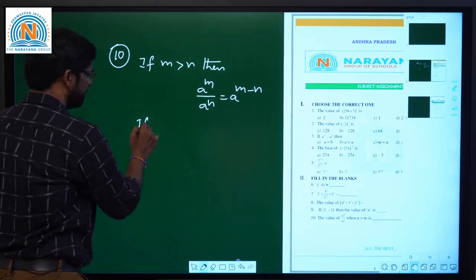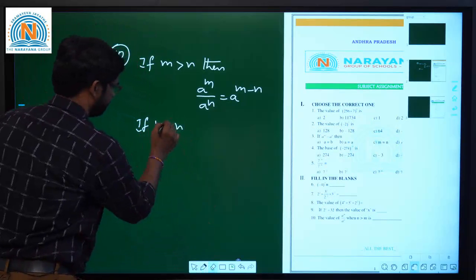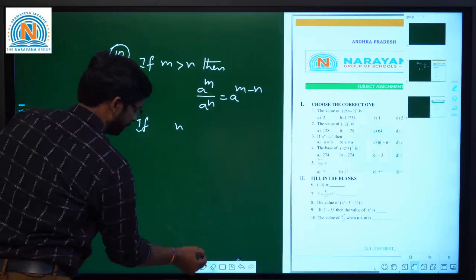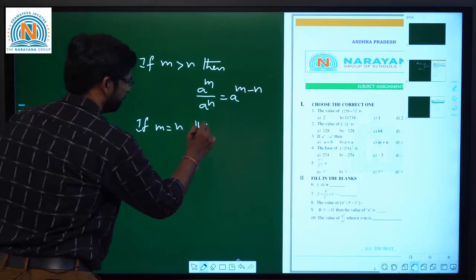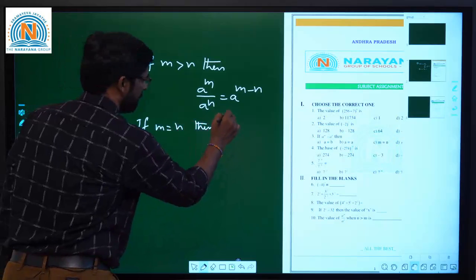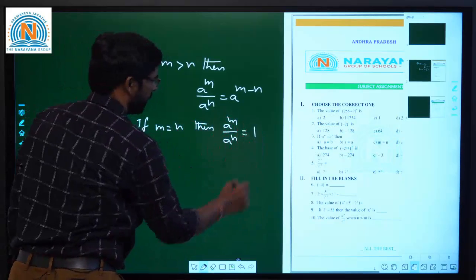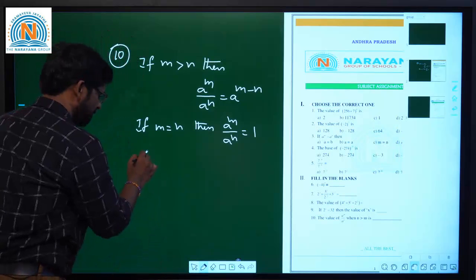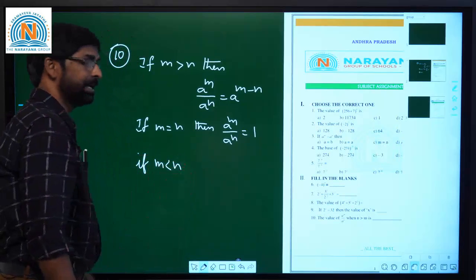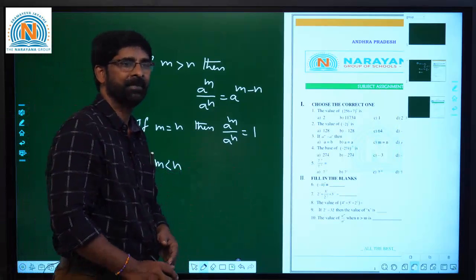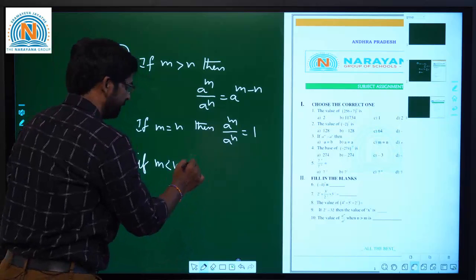Another condition is if m equal to n, then a to the power of m by a to the power of n equal to 1.